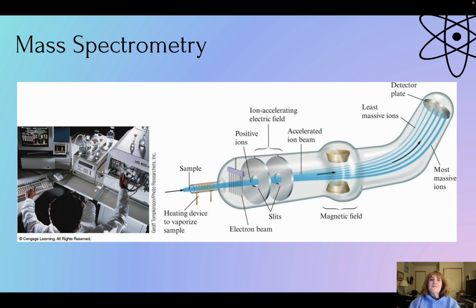You may have heard of a mass spectrometer. Mass spectrometry is the literal breakdown of a heat vaporized sample of a substance.